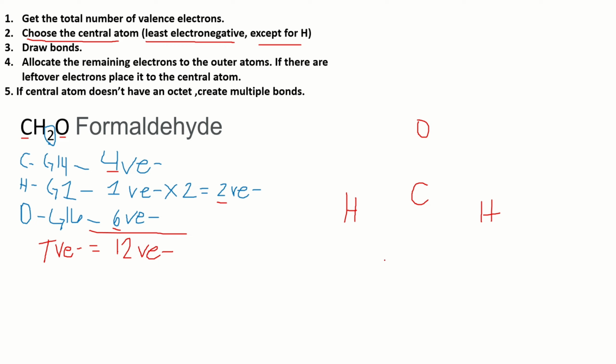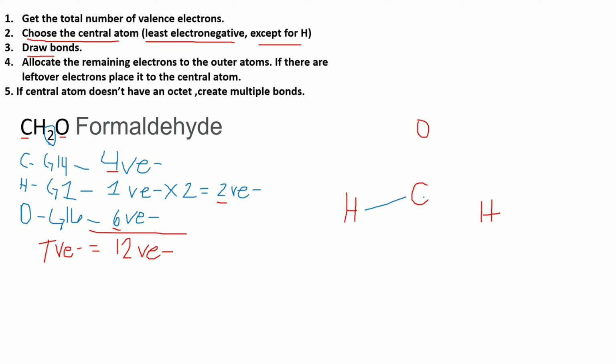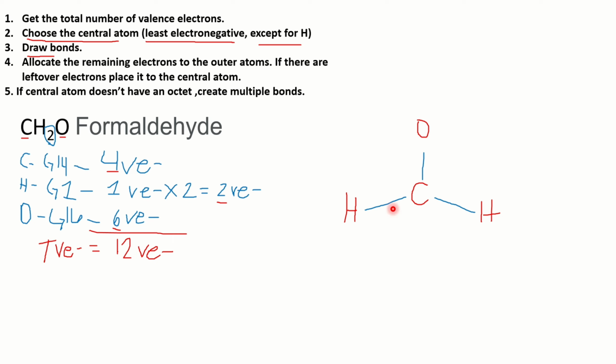Okay, step 3, we're going to draw bonds. How many electrons did we use to form bonds? We have 6. 2, 4, 6. Again, the single bond is equivalent to 2 electrons.